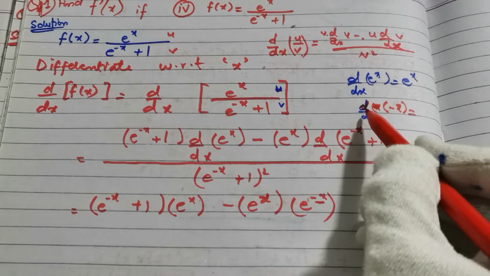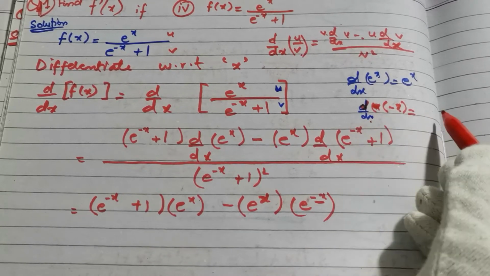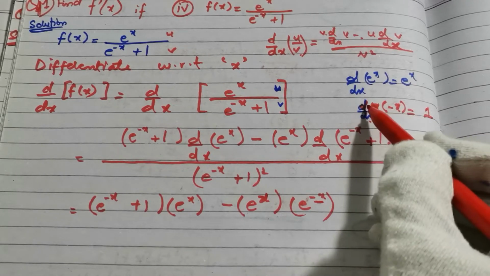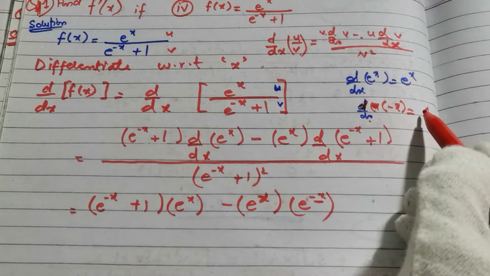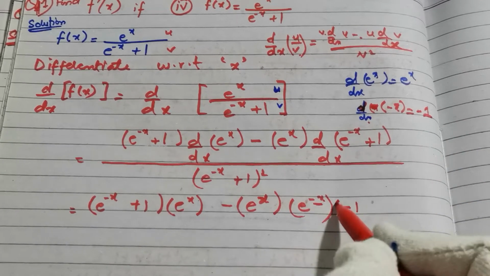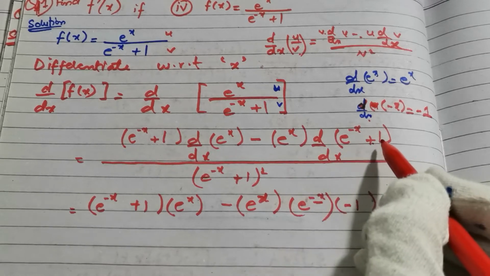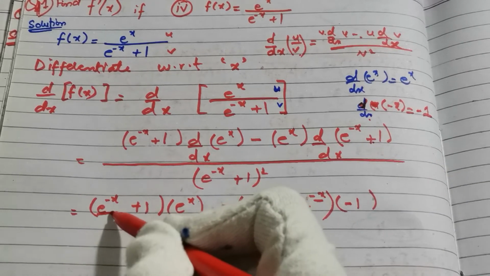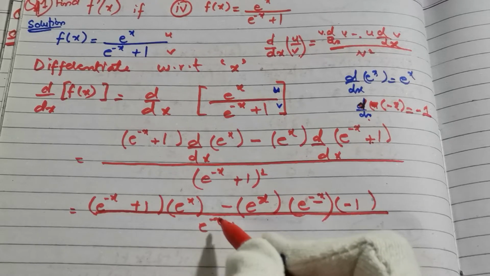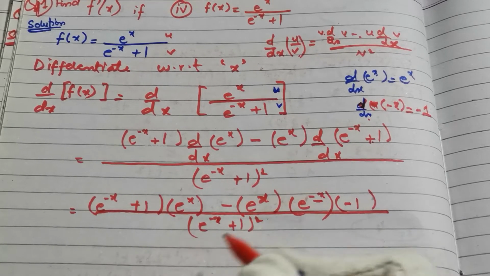The derivative of x with respect to x is 1, and the derivative of minus x with respect to x is minus 1. So we write minus 1 plus the derivative of 1, which is a constant, and the derivative of a constant is always 0, whole divided by e to the power minus x plus 1 whole square.